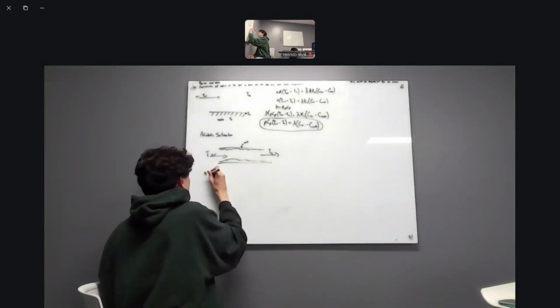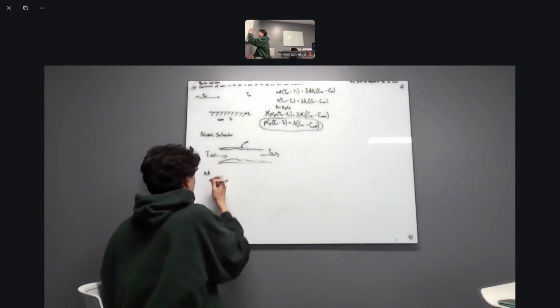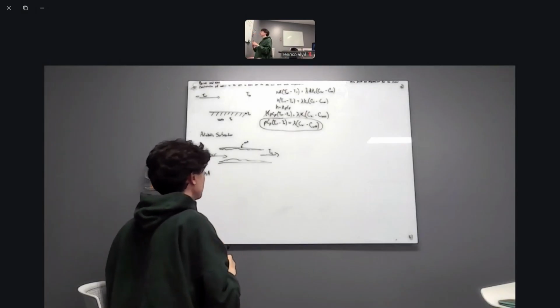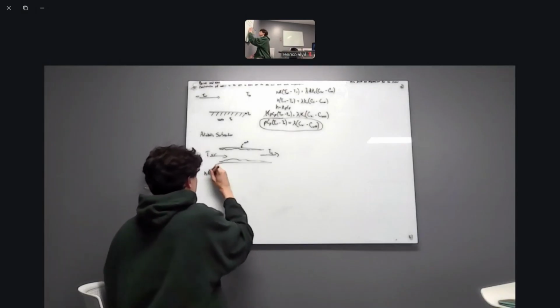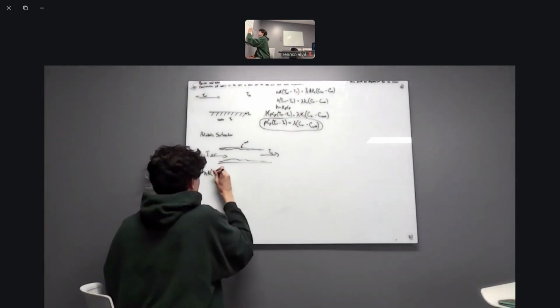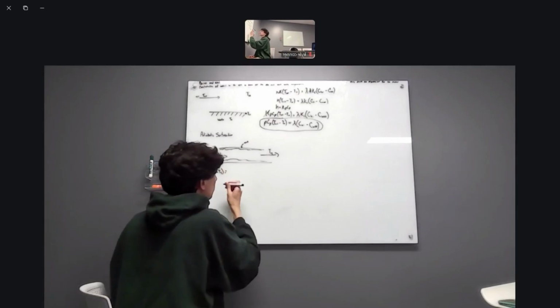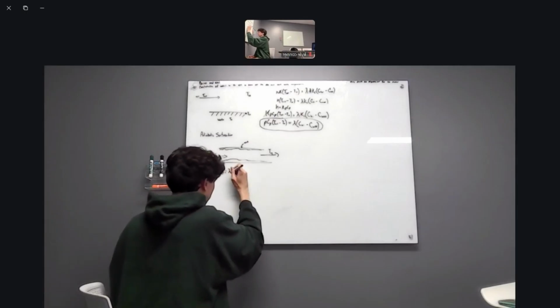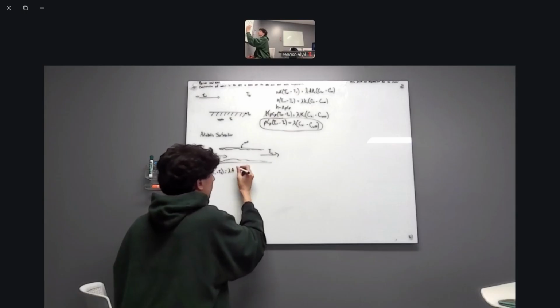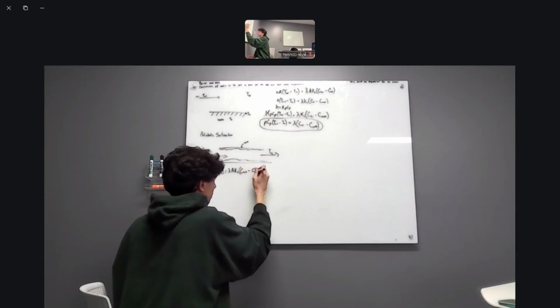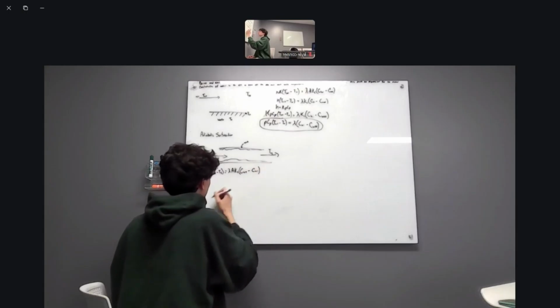This will have our h value, which is our heat transfer coefficient times our area, and that's temperature of the first minus temperature of the second, and that's equal to enthalpy of vaporization times our area times our mass transfer coefficient, and then that's times our concentration of water at 2 minus concentration of water at 1.